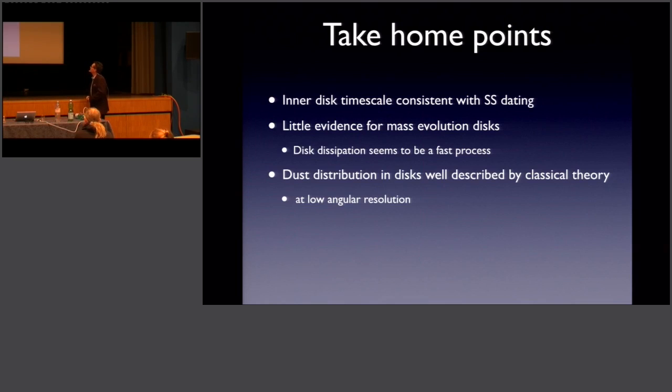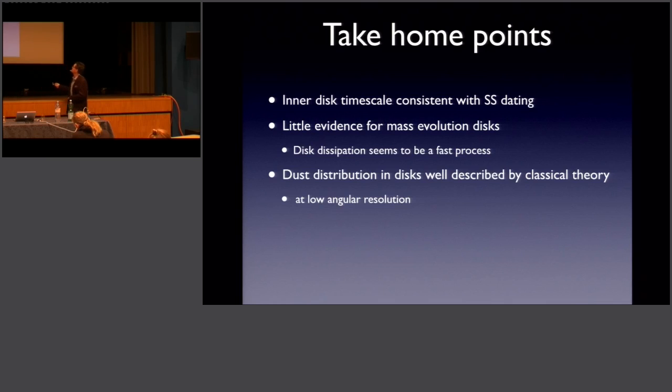So the take-home points for this first part are that the inner disk timescale, which I discussed this morning, is consistent with solar system dating. There is little evidence for mass evolution of the objects that have the inner disk, which is the famous plot that I tried to re-explain at the beginning today.